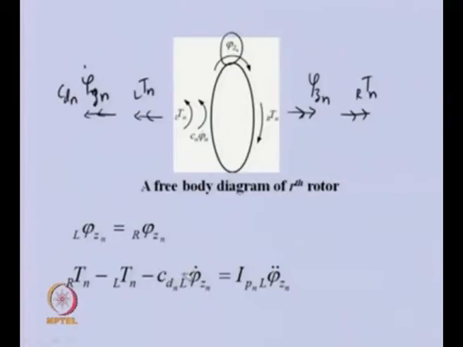Now we can rearrange this equation. Because in this particular case we are dealing with, let us say, free vibration, whatever the torque which is there will have some amplitude. This amplitude is basically a complex amplitude, and the frequency of that particular torque is equal to one of the natural frequencies of the system, the torsional natural frequency of the system.